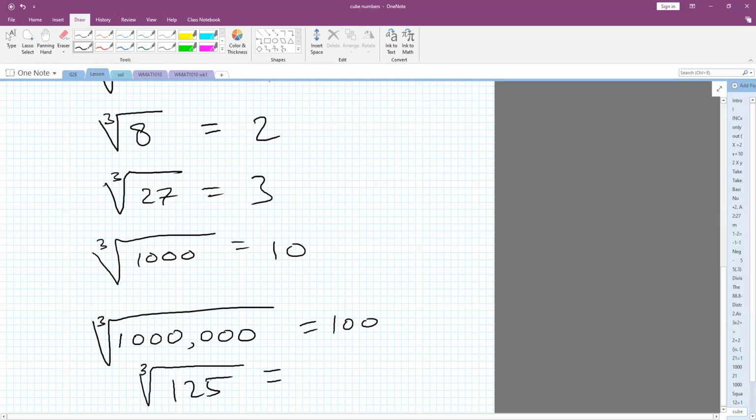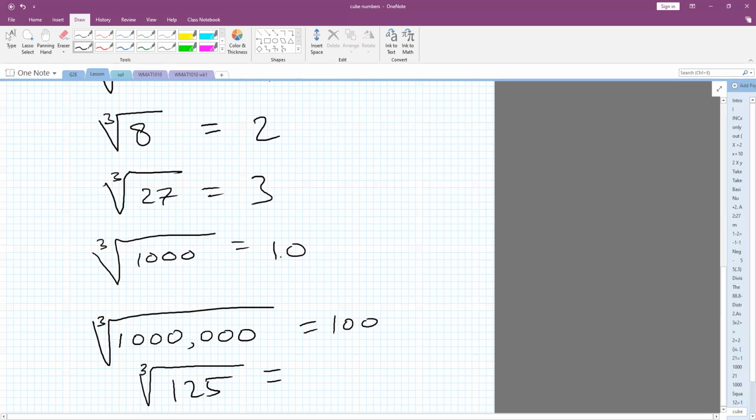Now what happens is, do you know a number that, when you take the power of 3 of that number, gives you 125? I'm not sure.